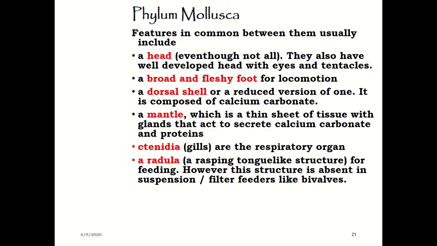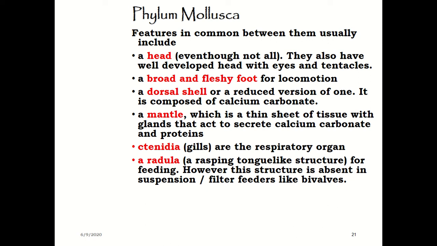Features that are common between them usually include a head, a broad and fleshy foot for locomotion, a dorsal and ventral shell, and a mantle. They do have a mantle, which secretes calcium carbonate and protein to produce the shell.